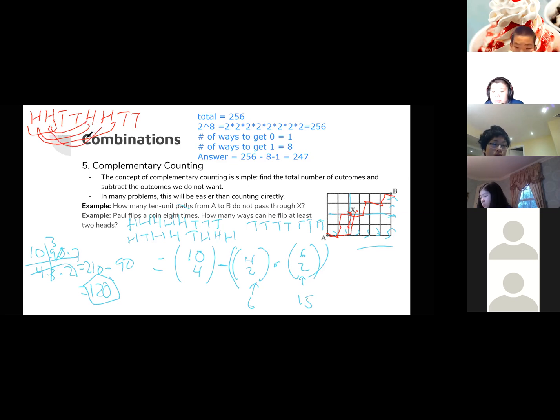And either way, you would count all of those because you're doing 8 choose 2 times 2 to the power of 6. Another way you can immediately tell that's wrong is that the total number of ways is only 256, which is 2 to the power of 8, so there's no way it can be more than that. Does that make sense?